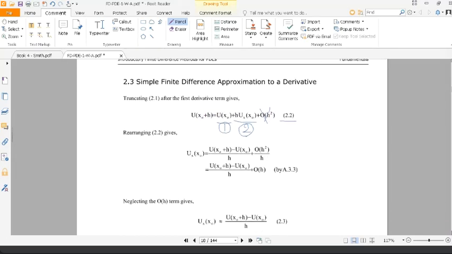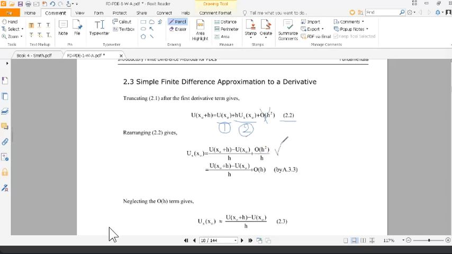We can rearrange 2.2 and we have obtained u_x of x0 equal to u of x0 plus h minus u of x0 over h plus O of h^2 over h.